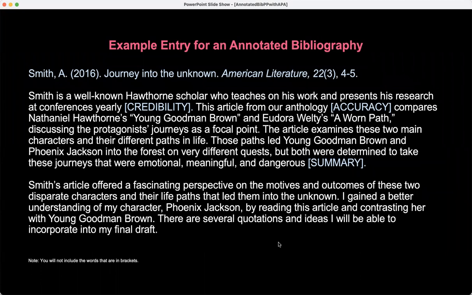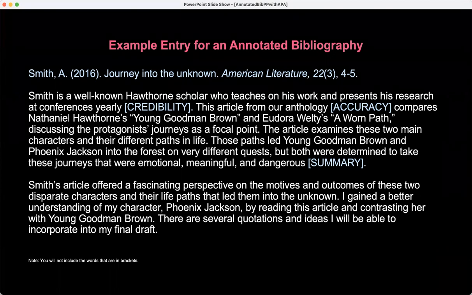Here's another example. Smith A, 2016, Journey into the Unknown, American Literature, 22-3, pages 4 to 5. Okay, so I automatically know that this particular article, this particular writing, is something that has been published in American Literature, which is an anthology. And it is an anthology that's used in colleges and universities.